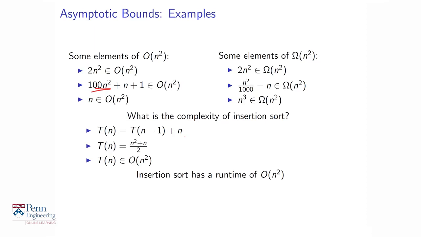What's not the case is that n is not in omega of n squared, because n grows slower than n squared, and omega of n squared are all the functions that grow at least as fast as n squared. Okay? Similarly, here we can write n cubed is not in big O of n squared.